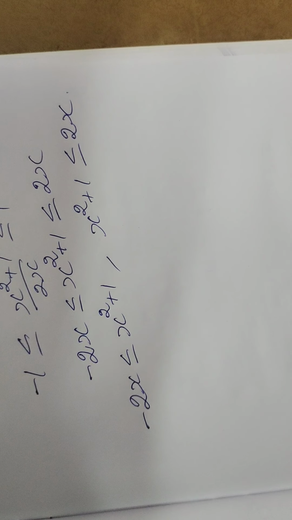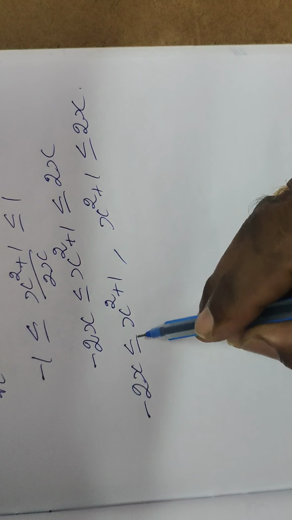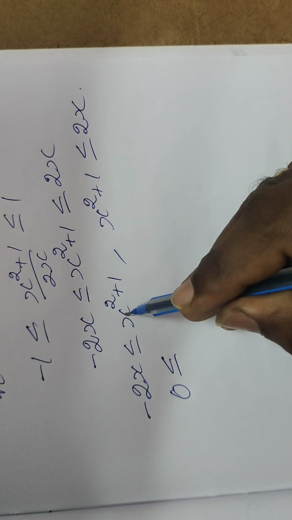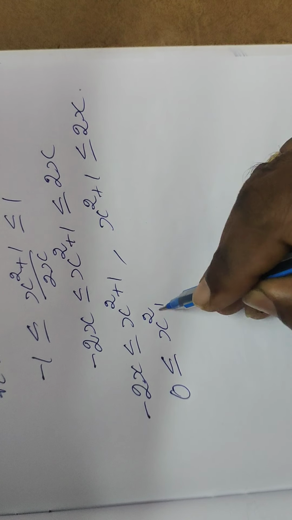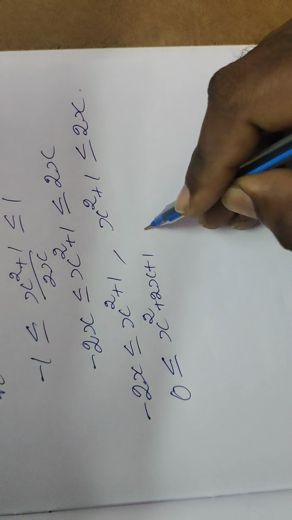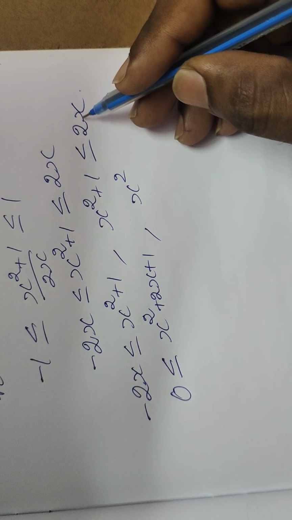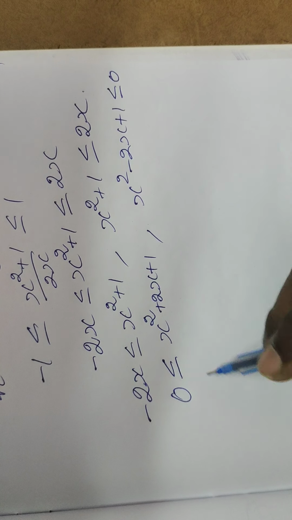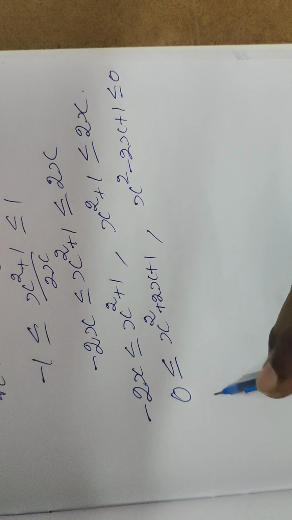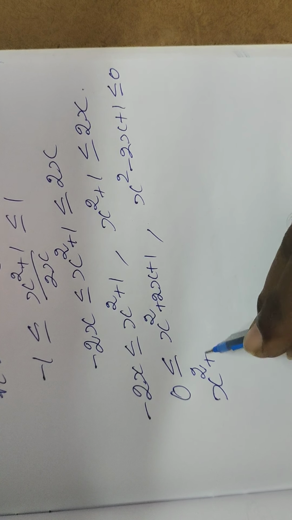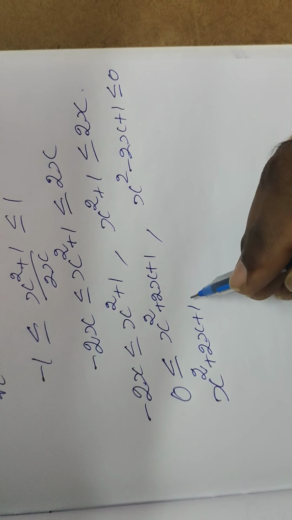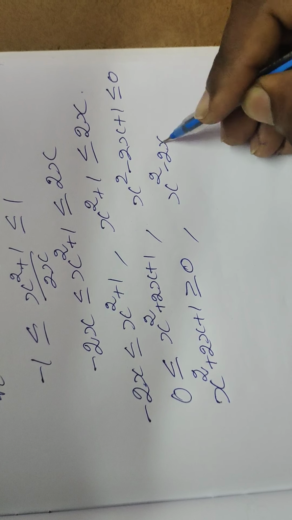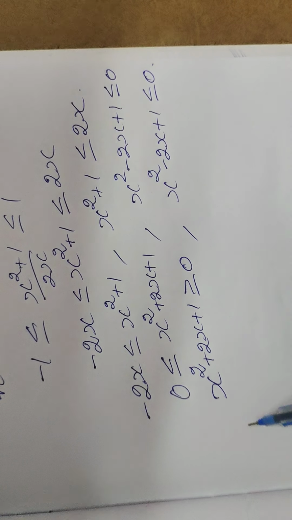Here, taking minus 2x this side, x square plus 2x plus 1 greater than or equal to 0, and if you take 2x this side, x square minus 2x plus 1 less than or equal to 0.